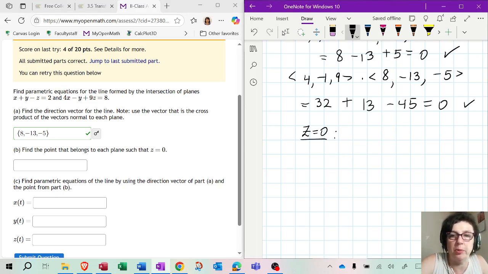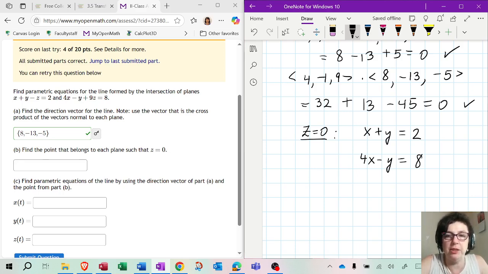That's just one possible point. We get x plus y equals 2, and 4x minus y equals 8. To solve this system, add the two equations, and y and negative y cancel. Here you get 5x equals 10, which means x equals 2.